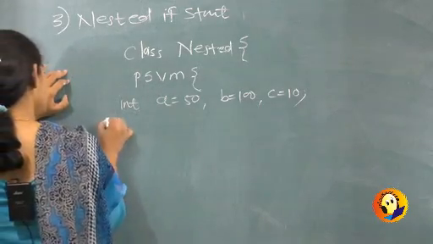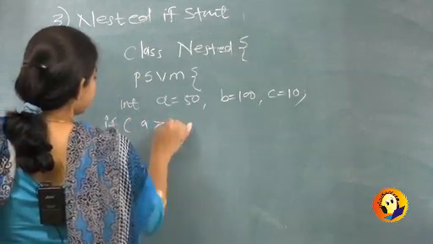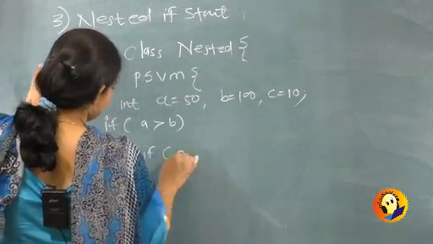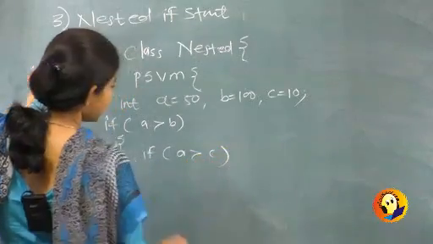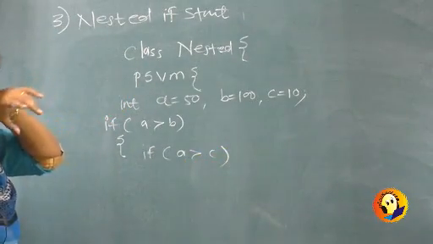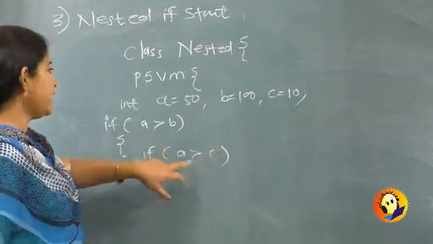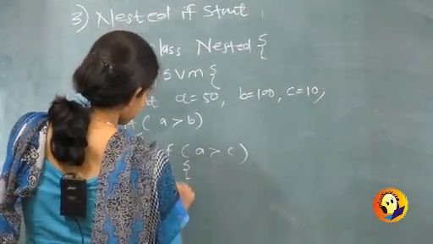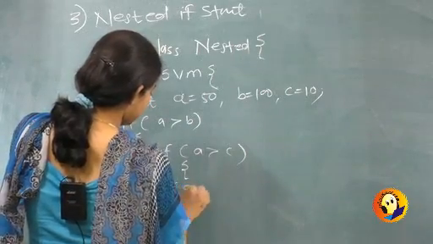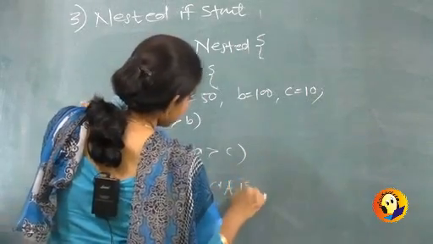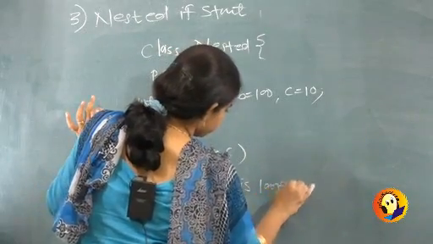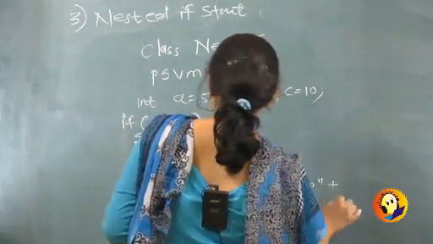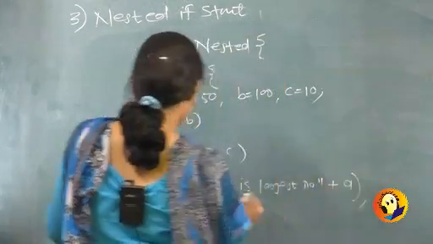Consider an if block. If a is greater than b and a is greater than c, then what you need to display? System.out.println "a is largest number", and you need to display the value of a on screen.